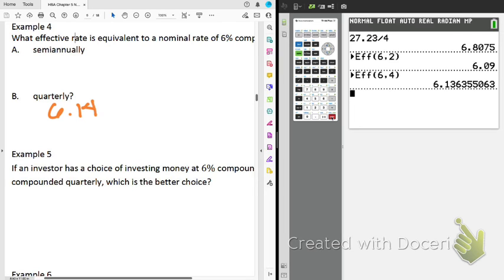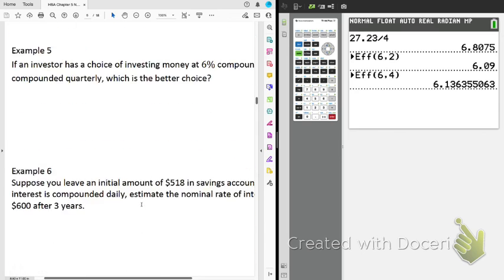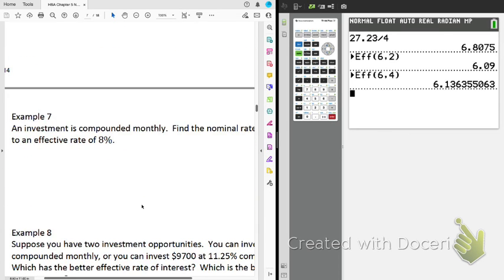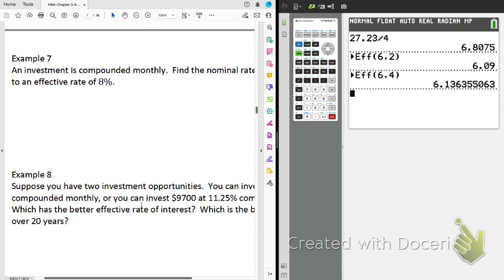You can also take an effective rate of interest and convert back, which is the last thing we're going to do, and that is example 7. So if you are asked to convert back from an effective rate of interest and find the nominal rate of interest, number one, expect it to go down because the nominal rate is less than the effective always.